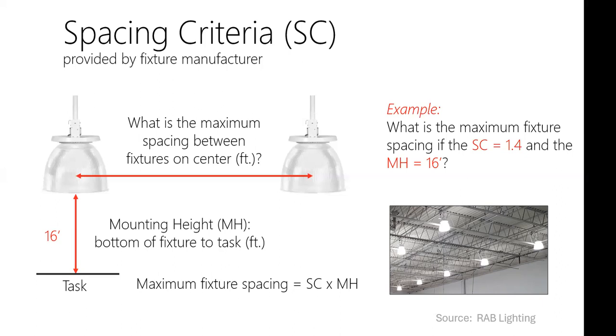You simply multiply those two things together, and 1.4 times 16 equals 22.4 feet, the maximum spacing allowed in this particular situation for what we call reasonably good uniformity. That's what that is. Very, very common, very important thing that you need to know about how to read and what that means.